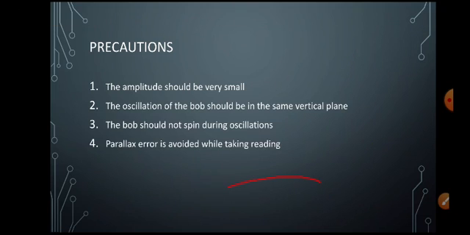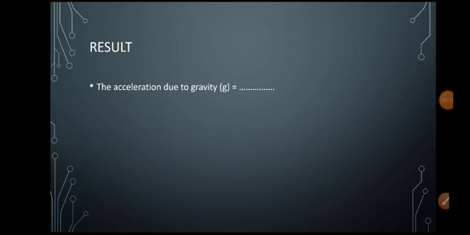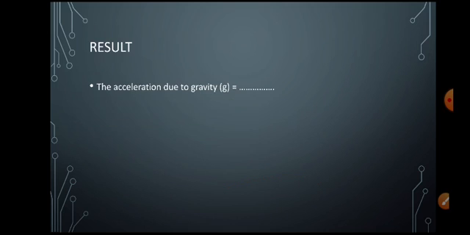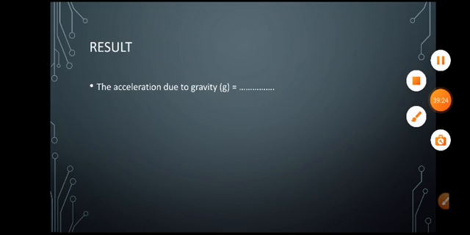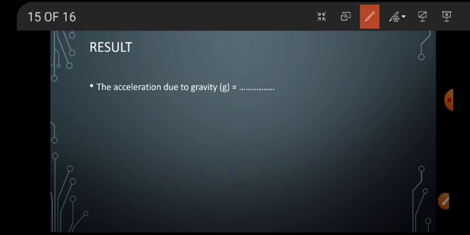So these are the precautions you have to take care of while performing the experiment using Vernier calipers and a screw gauge. Finally, whatever answer you got by calculating all the values from the graph, you have to write it here in the result.